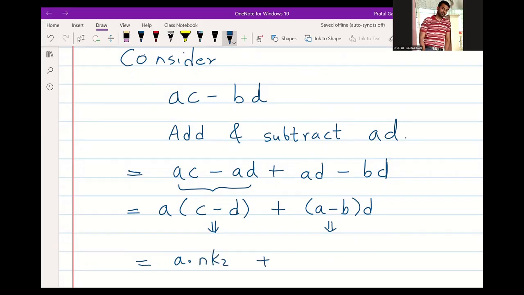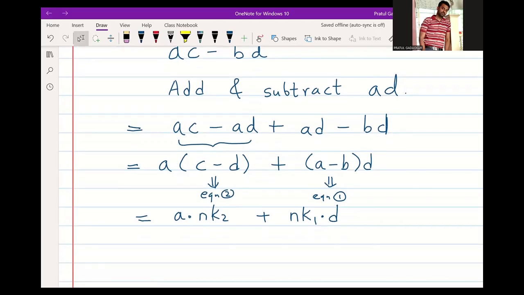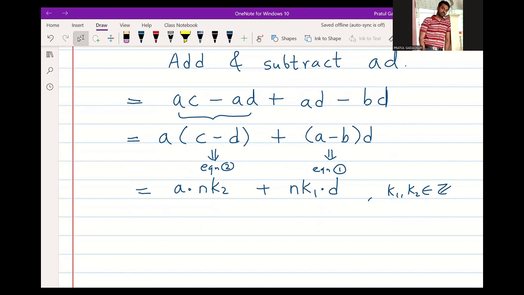And A minus B can be replaced by nK1, into D. A minus B is nK1, C minus D is nK2, where K1 and K2 are integers. Then I can pull out n common, and it is A into K2 plus D into K1.